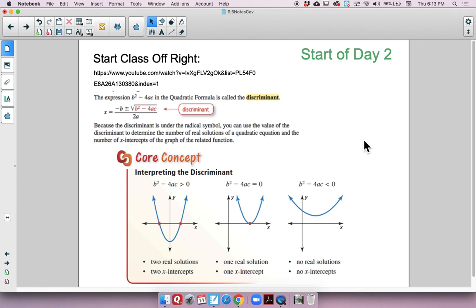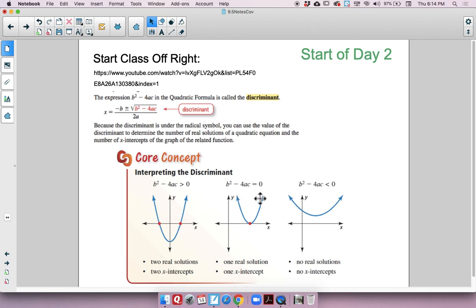We don't know exactly what that is, but we know it's a positive 3 point something, and also a negative 3 point that same something. What would the graph look like? It's going to have 2 x-intercepts. And by the way, it could point down too, but it would still have 2 x-intercepts.